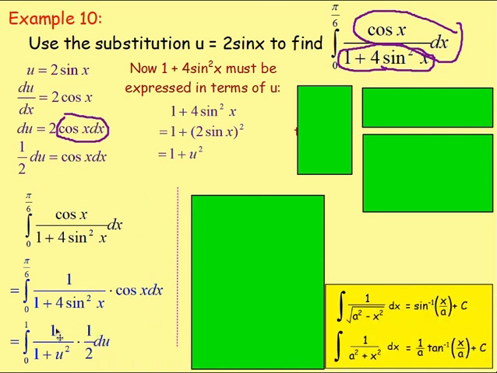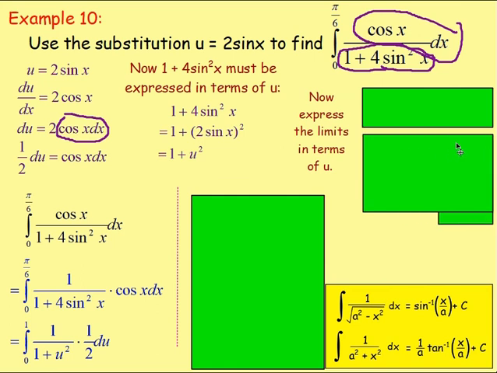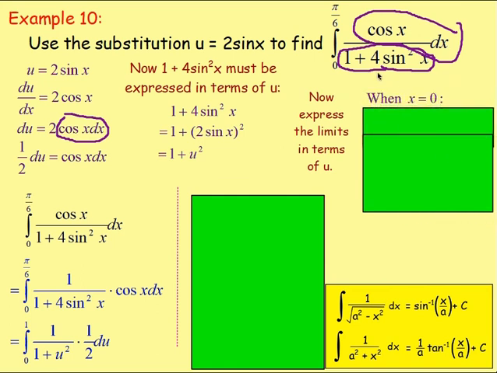The last bit, as I'm sure you've noticed, is that you have to express your limits in terms of the new variable. Here they're in terms of x. Let's take the bottom limit: when x is 0, u equals 2 times sine 0, which is 2 times 0, which is 0.